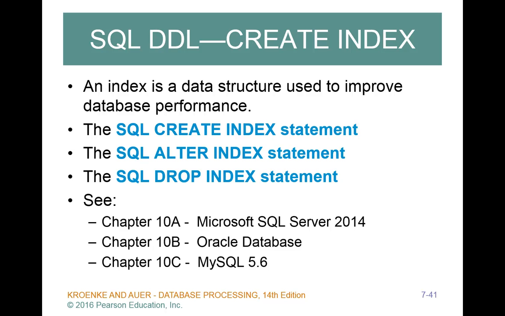The index statement is not really covered much in Chapter 7, so it doesn't get deep into it, but just understand that you have a create index, alter index, and drop index statement, just like the statements that we've already talked about with the basic SQL structure.